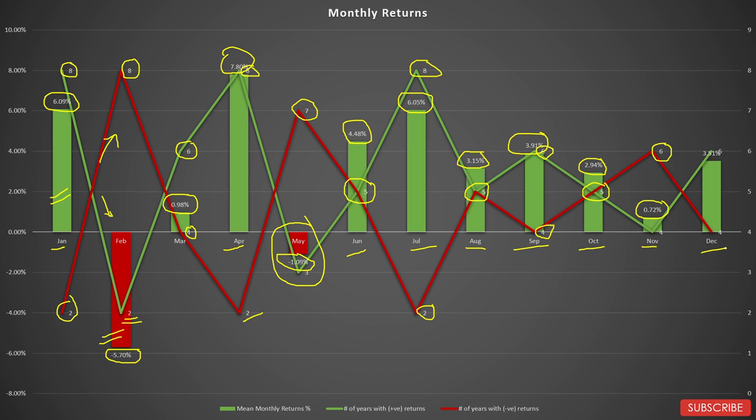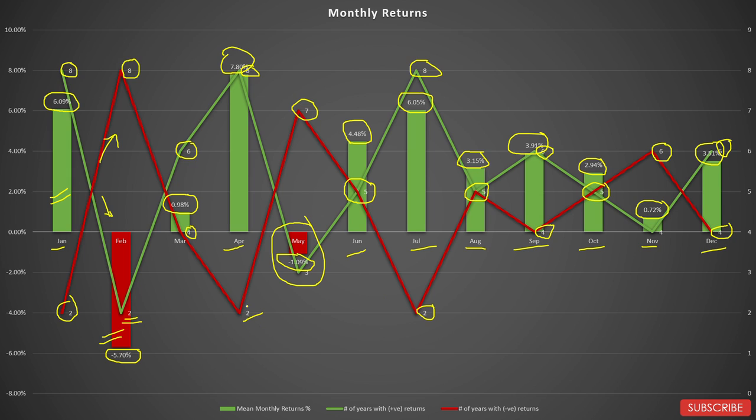And if we talk about December, December is an okayish month for this sector with 3.51% average returns, and 6 times in the last 10 years this sector has given positive returns in the month of December and 4 times it has given negative returns.